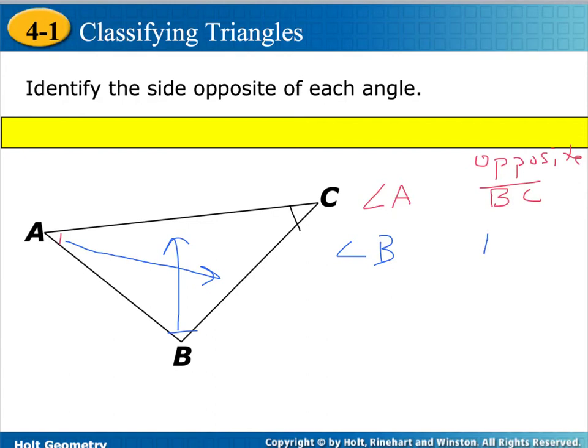Opposite side is going to be side AC. Last but not least is angle C. We're looking for the opposite of angle C, which is AB. Opposite meaning on the other side of C. C points out to the other side, AB.